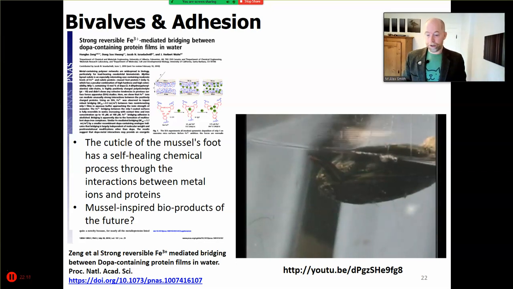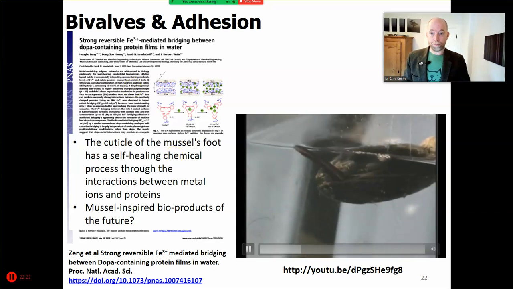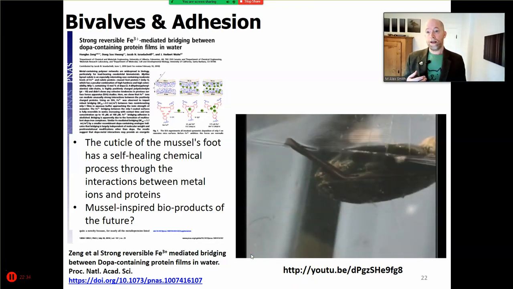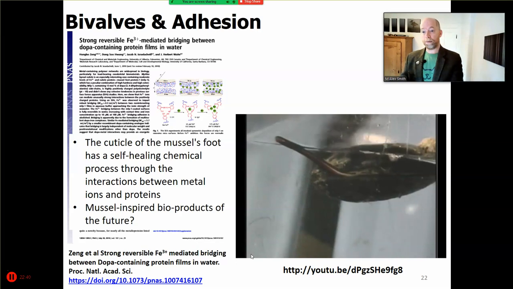I mentioned that engineers have a lot of interest in bivalves and byssal threads, and a lot of that has to do with bioproducts. This was a paper from a couple of years ago in Proceedings of the National Academy of Science, PNAS, where they looked at ferric-mediated bridging between protein films in nature inspired by mussels.